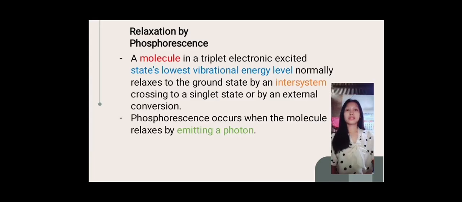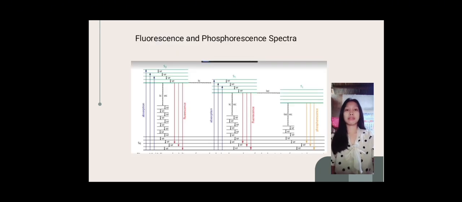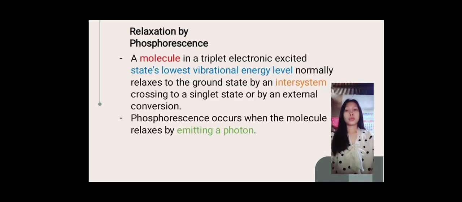The relaxation by phosphorescence. A molecule in a triplet electronic excited state, the lowest vibrational energy level, normally relaxes to the ground state by an intersystem crossing to a singlet state or by an external conversion. Phosphorescence happens when the molecule relaxes by emitting a photon.